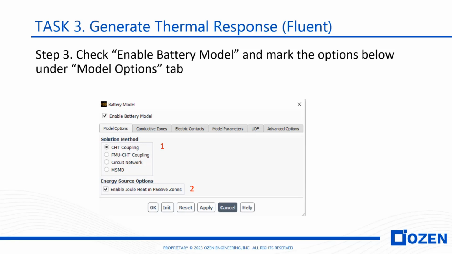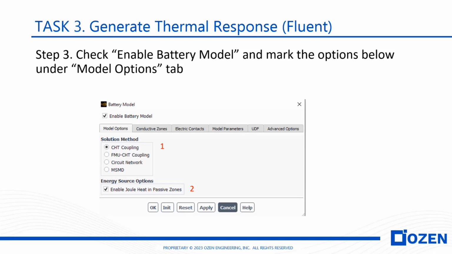Here, we're not going to do any circuit network modeling. Keep that in mind. That's an availability within Fluent. You can also do some circuit definitions and modeling in Fluent, which we're not going to do. That is going to be handled by the TwinBuilder part.